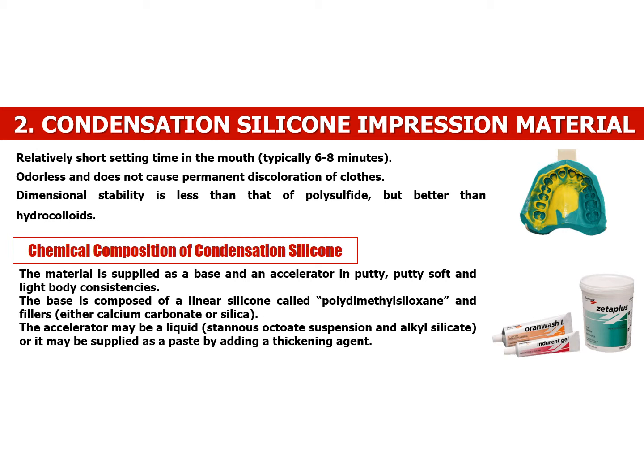The base is composed of a linear silicone called polydimethylsiloxane and fillers, while the accelerator may be a liquid of stannous octoate suspension and alkyl silicate, or it may be supplied as a paste by adding a thickening agent.